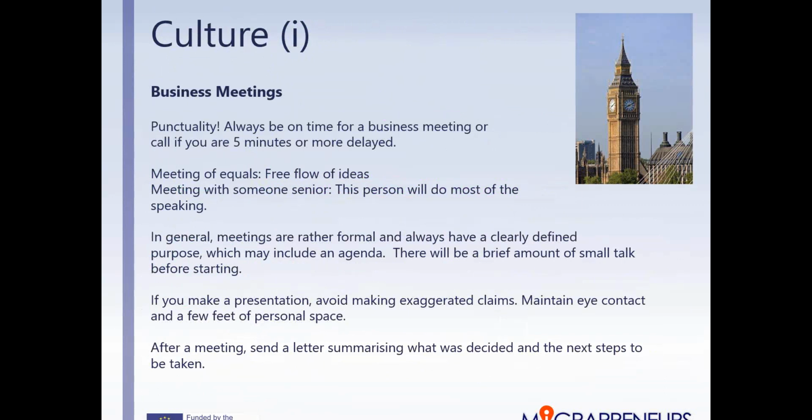Either way, there's normally a bit of small talk at the start, maybe a coffee, and it will start more informal, and then everyone would sit down and start on the actual business, which then would be more of a focus.